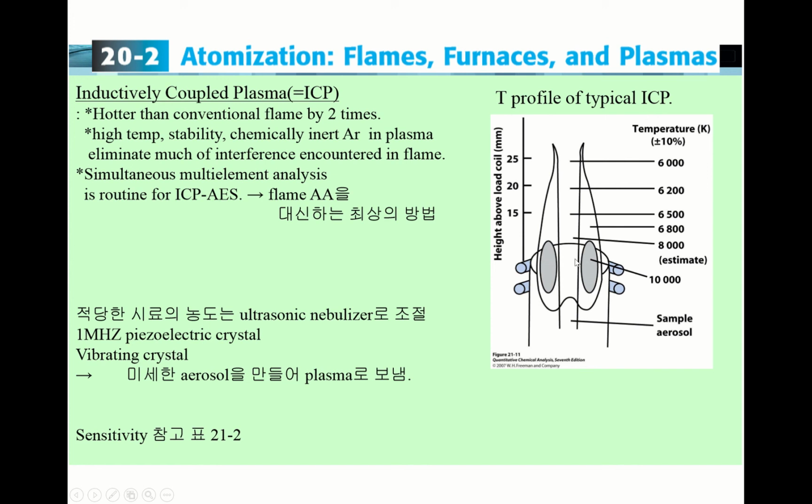You see this coil surrounding the burner, and here you use argon gas to make argon plasma. You need radio frequency to increase the temperature.